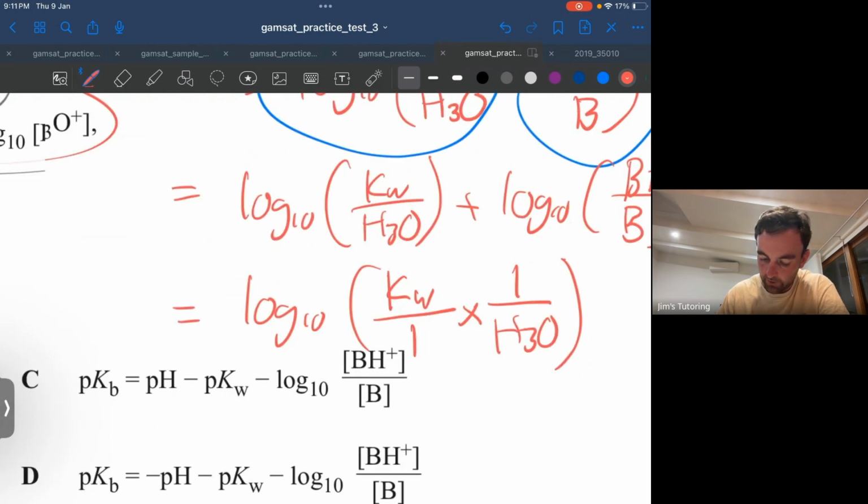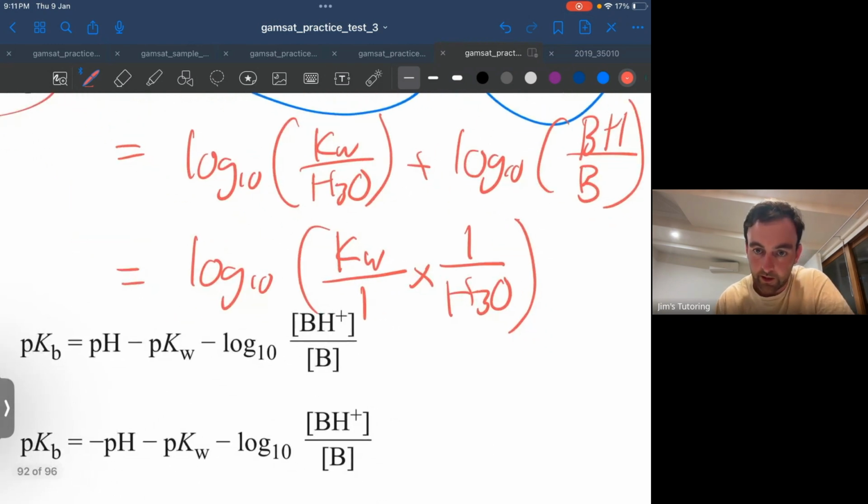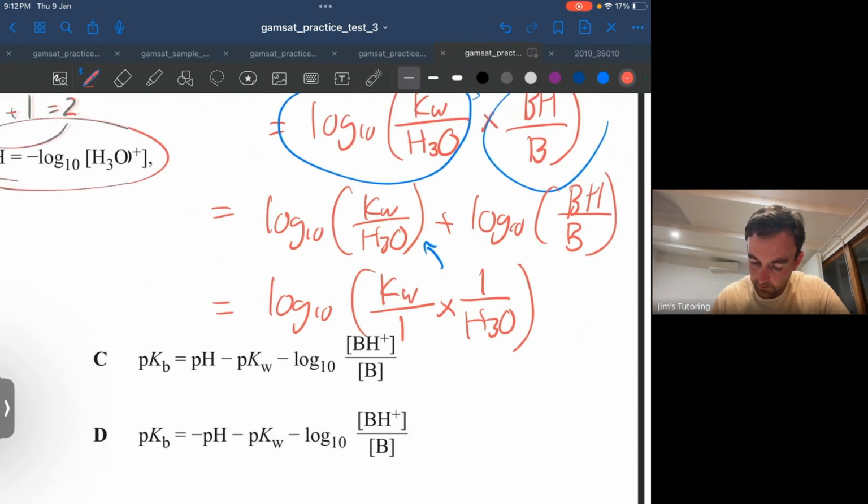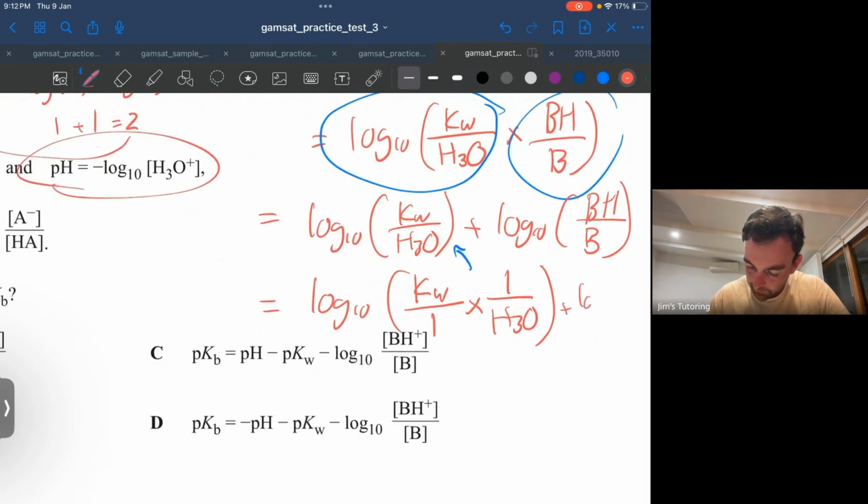So you see that if I multiplied these numbers together, they would give me that, wouldn't they? Because I can divide anything by 1. I've just separated this as two individual fractions, but that does equal the same thing, doesn't it? Plus log 10 of BH over B.